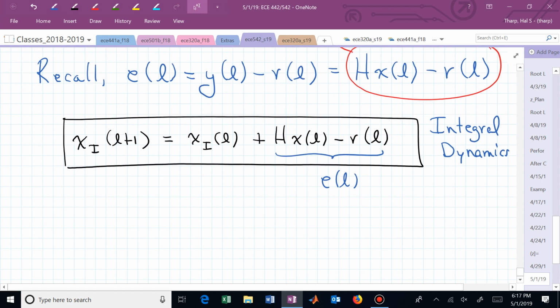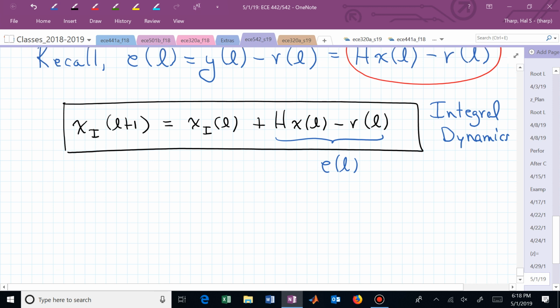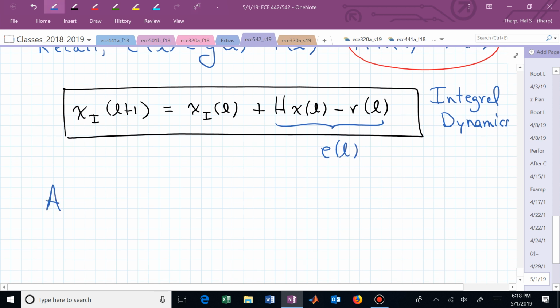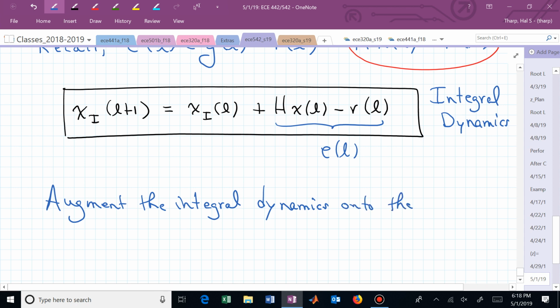Meaning, we now have a difference equation, and it's the dynamics for the additional state variable that we've introduced, which is x sub I. We want to add that on to our original system dynamics, and I'm going to say that we will augment the integral dynamics onto the original dynamics.